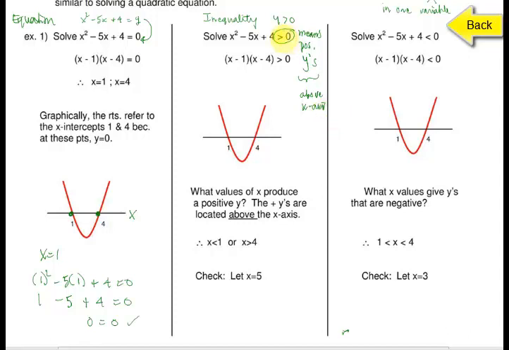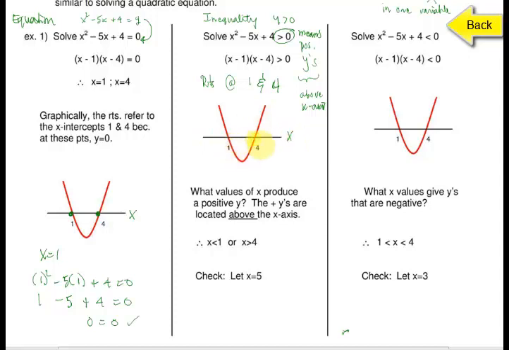Okay? Now to solve the inequality, we still do what we do when we're working with equalities. We factor the expression. We're going to get our roots at 1 and 4. Okay, we are still looking for a parabola that is opening up. Here's our x-axis.